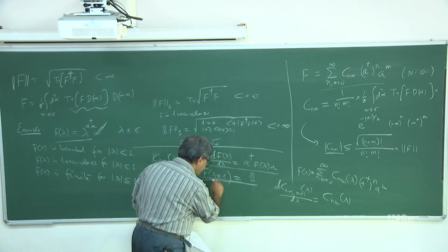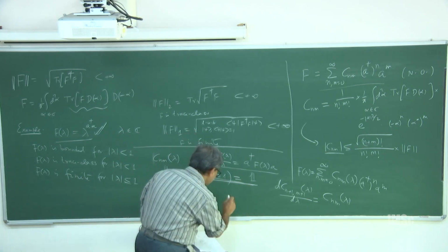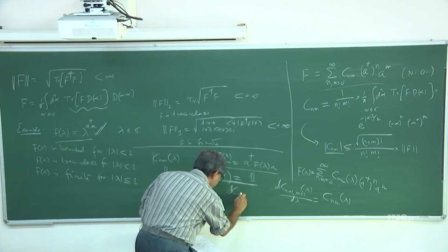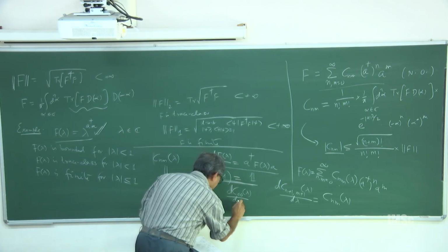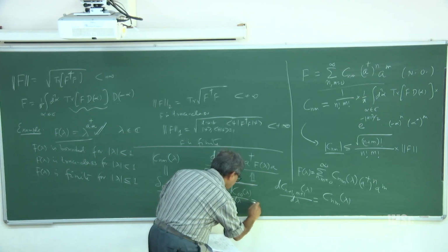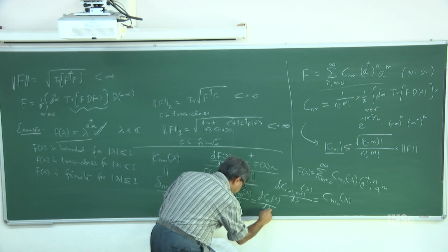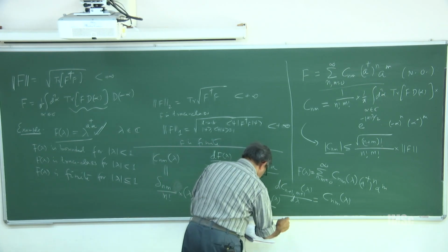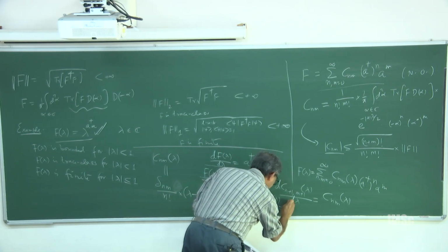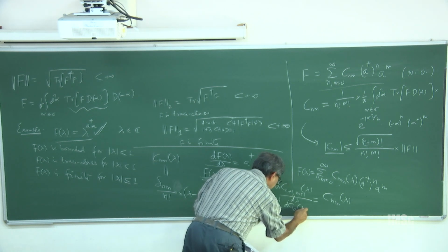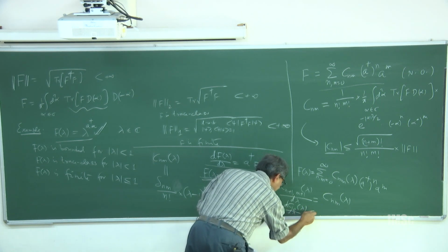Together with that, because of this, what you will get is dC_00(λ)/dλ is equal to dC_01(λ)/dλ is equal to dC_10(λ)/dλ is equal to 0.